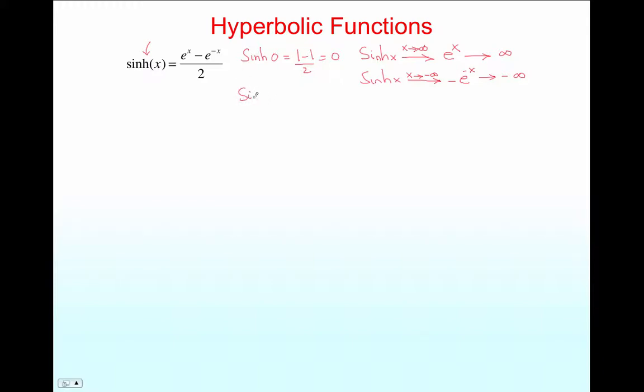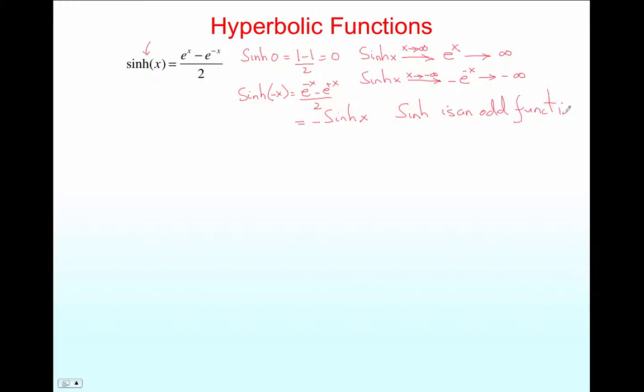Here's a very general fact. If I take sinh of minus x, well, that's e to the minus x minus e to the plus x divided by 2. And that, of course, is just minus sinh of x itself. So hyperbolic sine is an odd function.